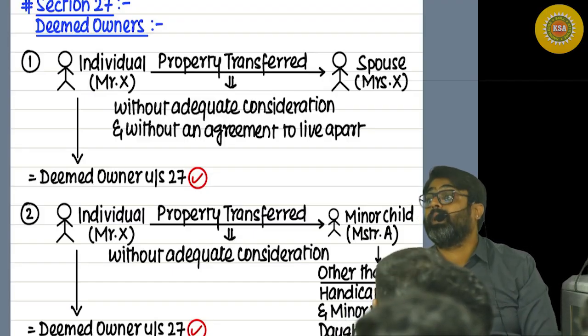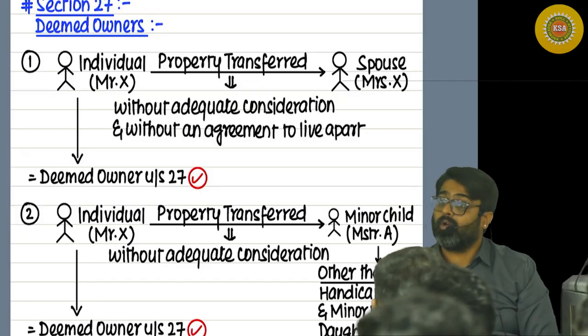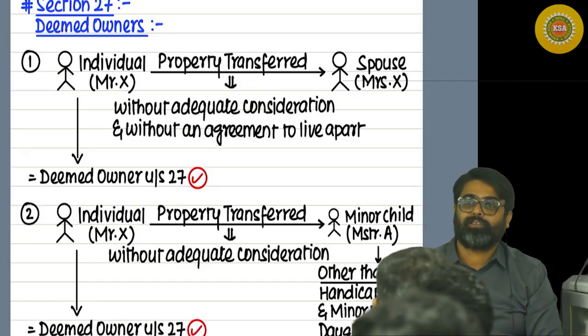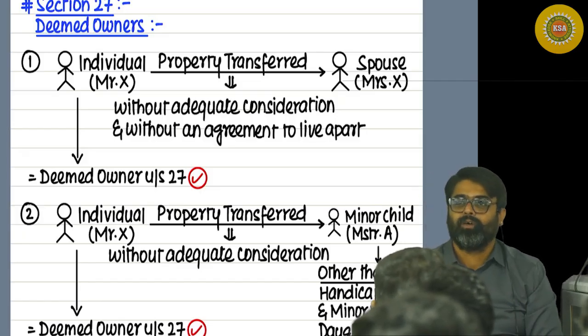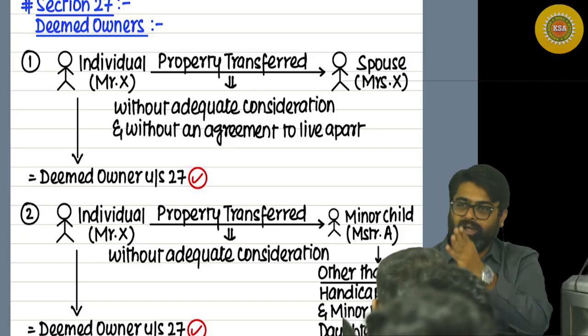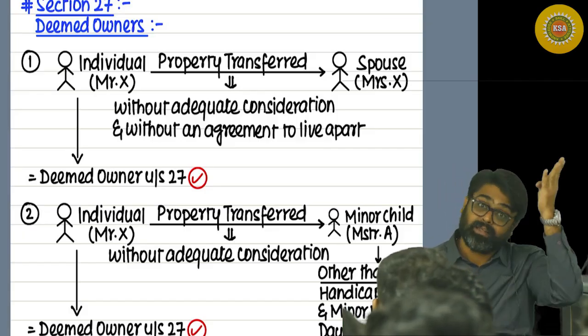To avoid paying taxes. Because you are already a rich assessee, already earning total income of more than 10 lakhs.